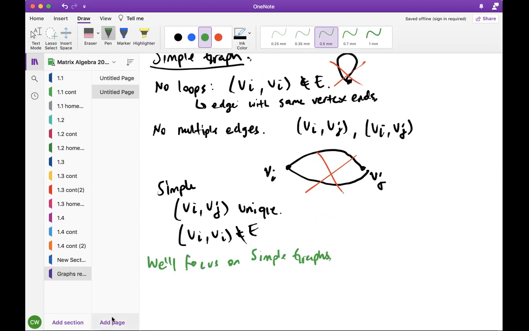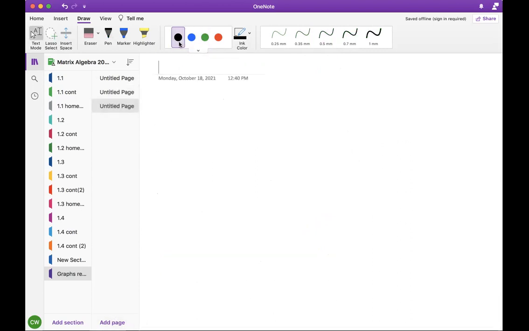Another problem in graph theory, which is actually an open problem, is called the isomorphism problem for graphs. But first, let's say what an isomorphism is.